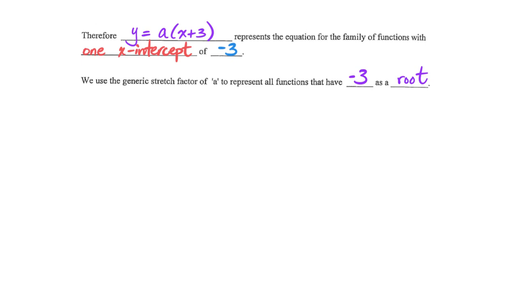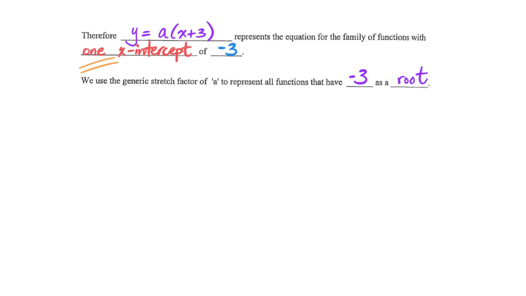Therefore, y equals a times x plus 3 is going to represent the equation for the family with one x-intercept. That is super, super important. One x-intercept, that being negative 3. That equation does not represent all functions with an x-intercept at negative 3.